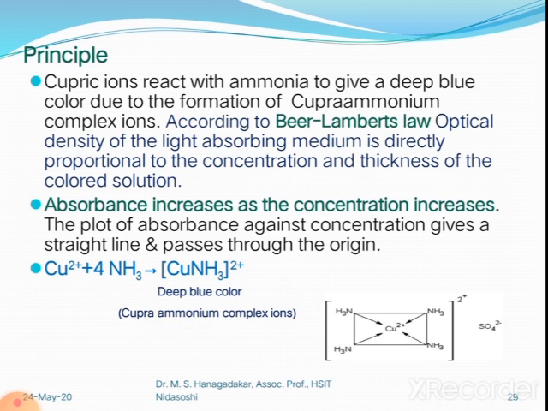The structure is given here, where copper is the central metal ion surrounded by 4 amine ligands in a coordination sphere with a 2+ charge, and the sulfate ion is present outside the coordination sphere to neutralize the charge of the coordination sphere.